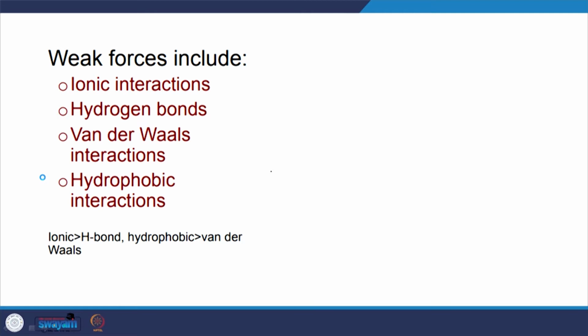So, weak forces include ionic interaction, hydrogen bond, van der Waals interaction and hydrophobic interactions. There are base stacking and all these things, but mostly these four are taken care of. Ionic interaction is real charge interaction. The presence of real charge makes it happen in energy close to covalent bond.